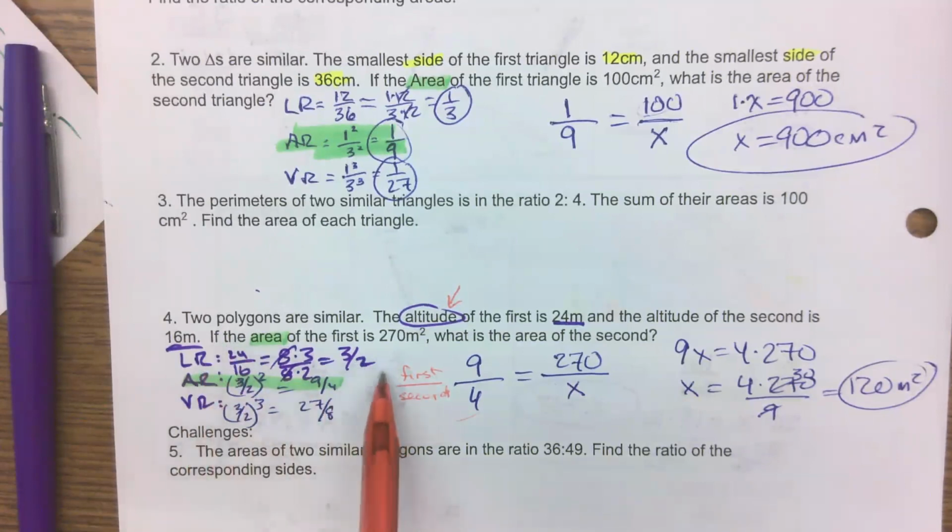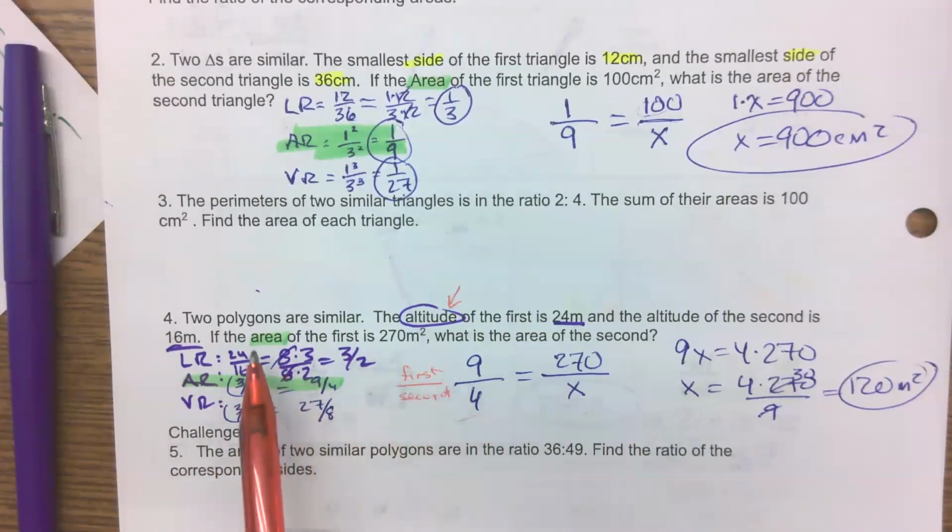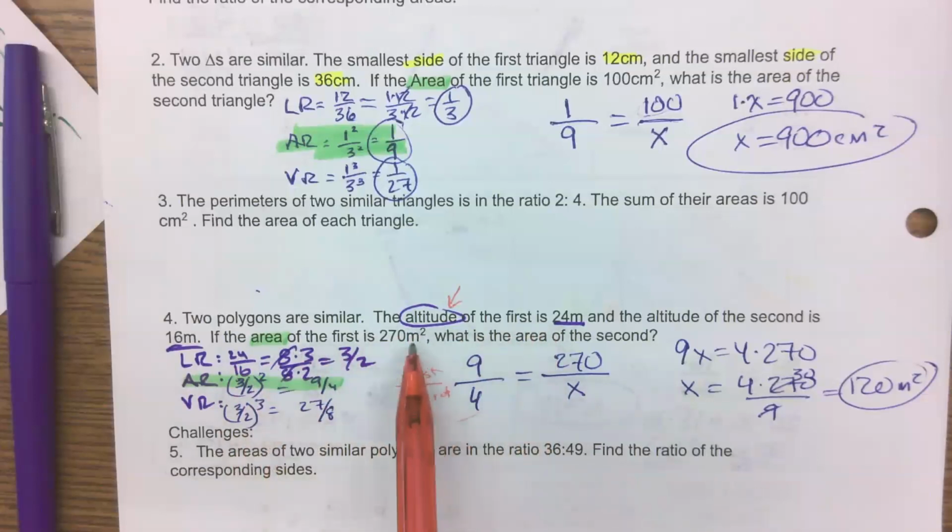I could have done the second over the first, in which case I'd have to keep track of that. But in my case, I did the first 24 over the second 16. So I keep it the same, first over second. So they gave me the first, I put that on top. And then just cross multiply to solve. Thank you. Any other questions about that process?